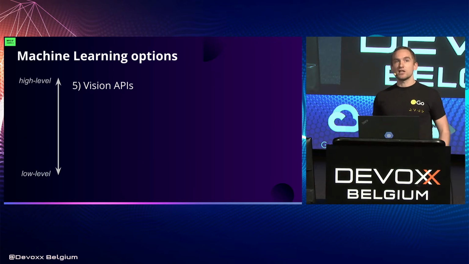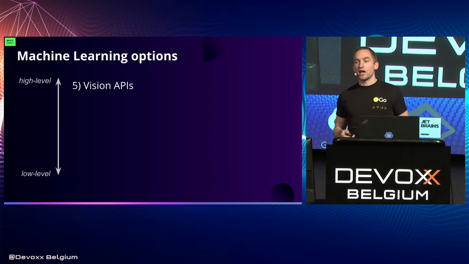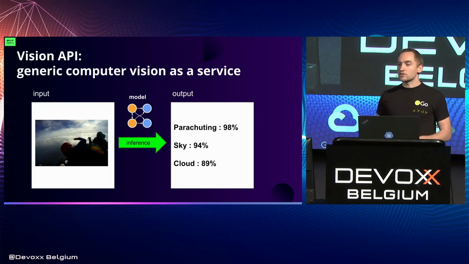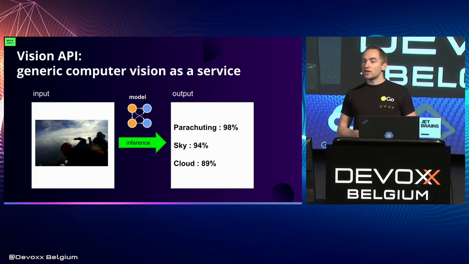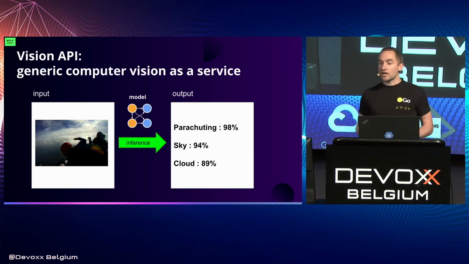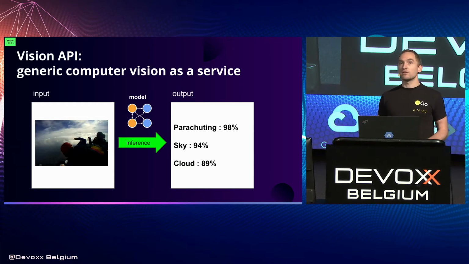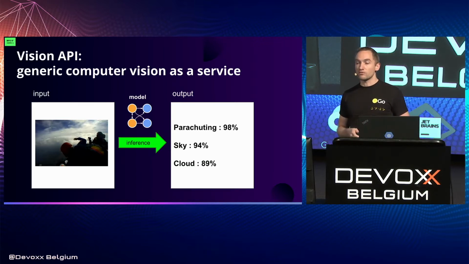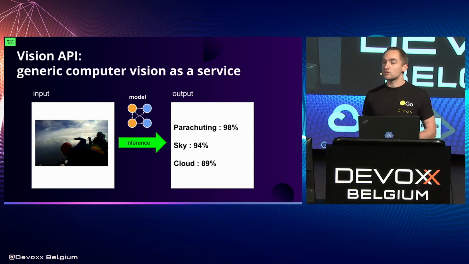It's a classifier that already exists, that already has been trained on millions of data, and you just provide a picture to it, and it will infer what it sees on the picture. For example, if I give it this photo, it correctly infers that it looks like parachuting and sky and cloud with some high confidence. The percentage that we can see here is the confidence. It's 98% sure that this is about parachuting.